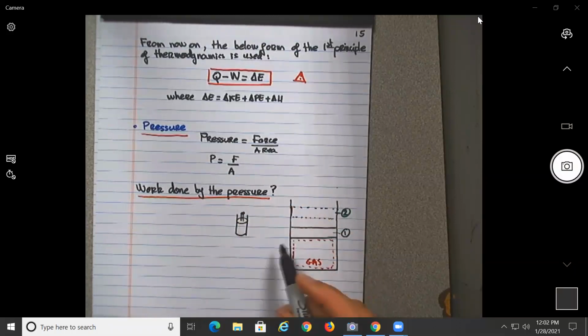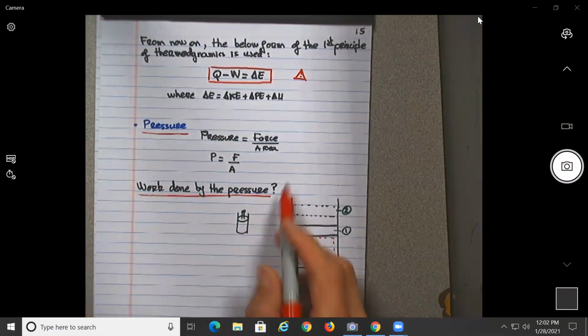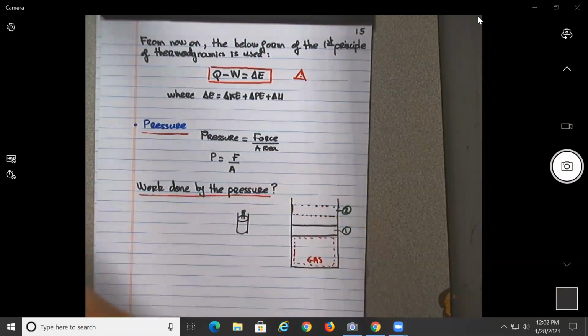But if you look at the piston in 3D, basically, maybe I should have done the figure here.